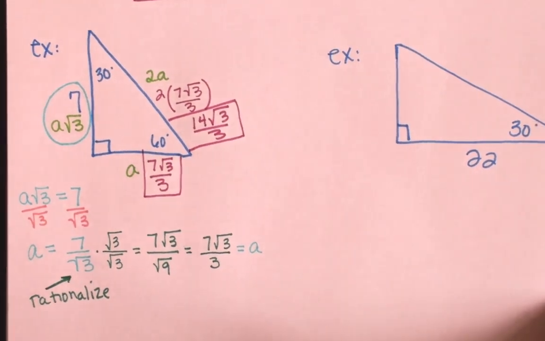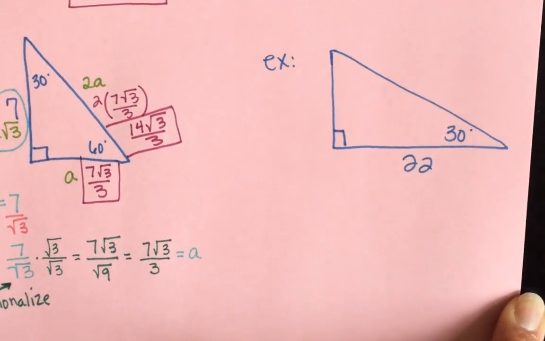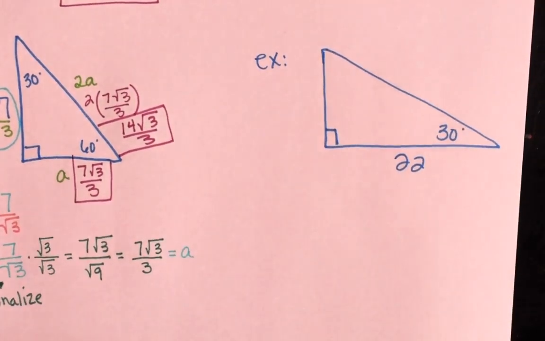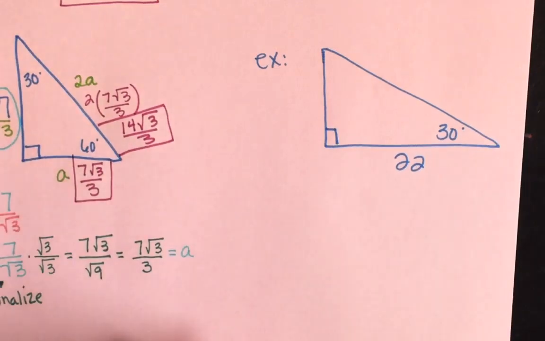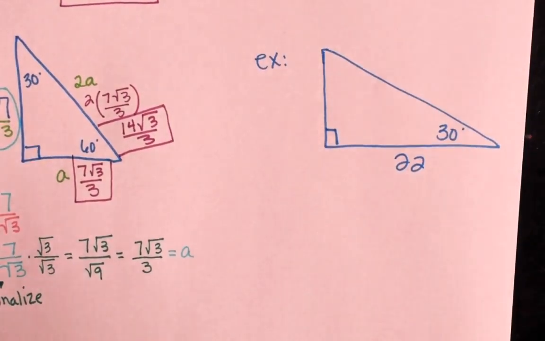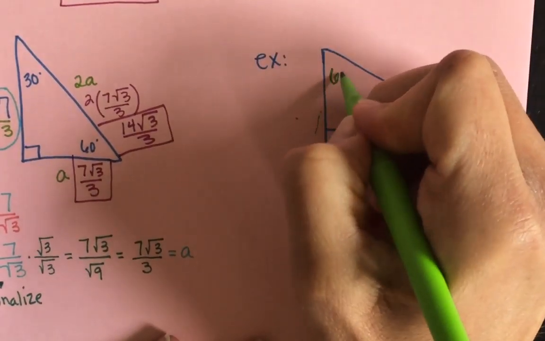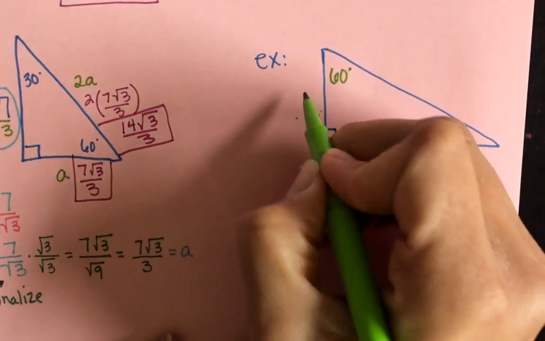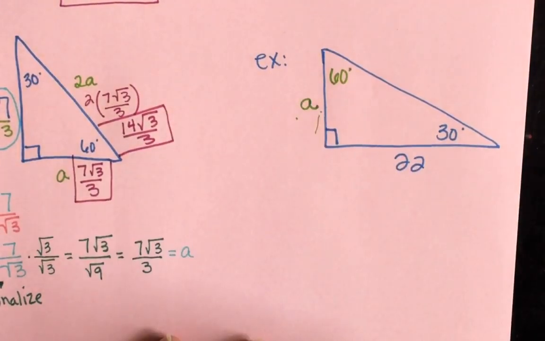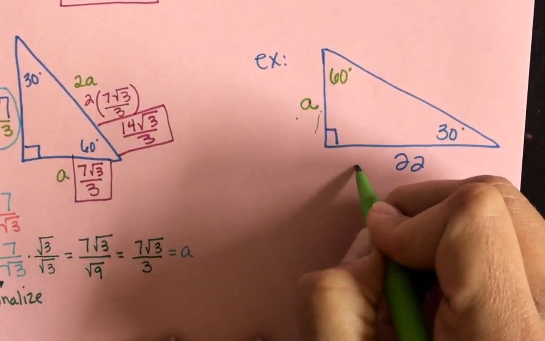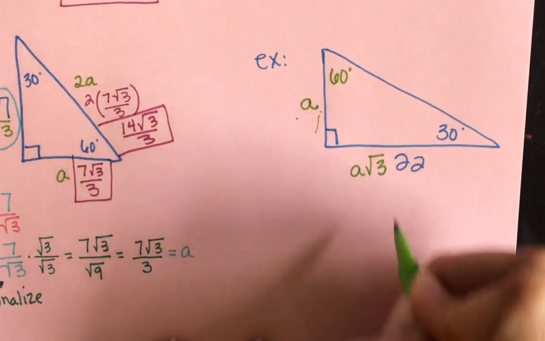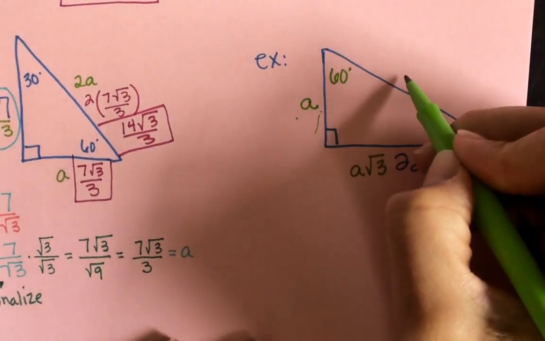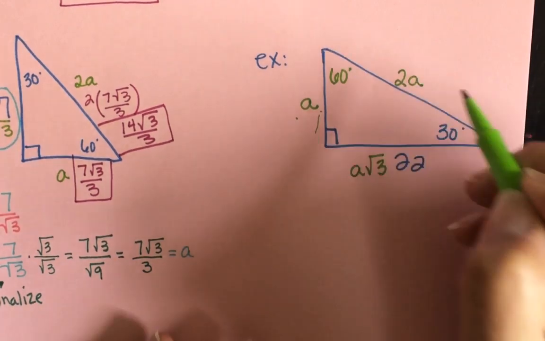Last but not least, the 8th no-re question directly off of your assignment. We have our 60-degree angle. Opposite our 30 is a, opposite our 60 is a radical 3, opposite our 90 is 2a.